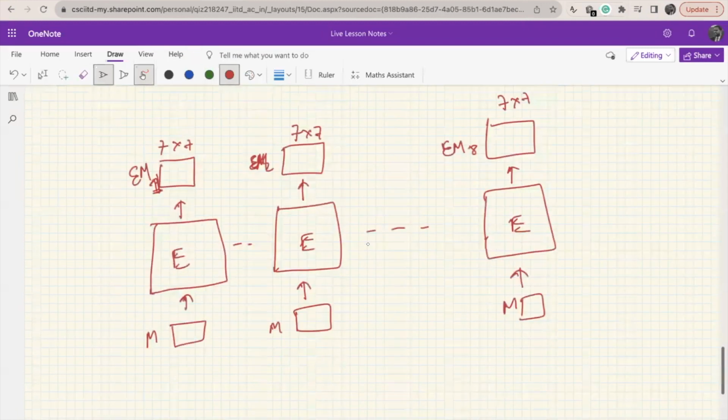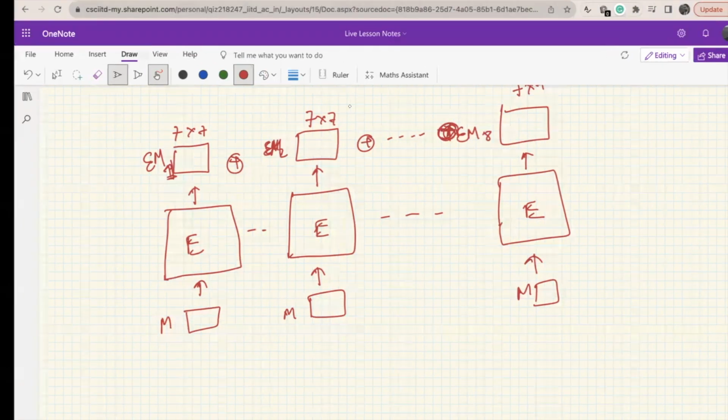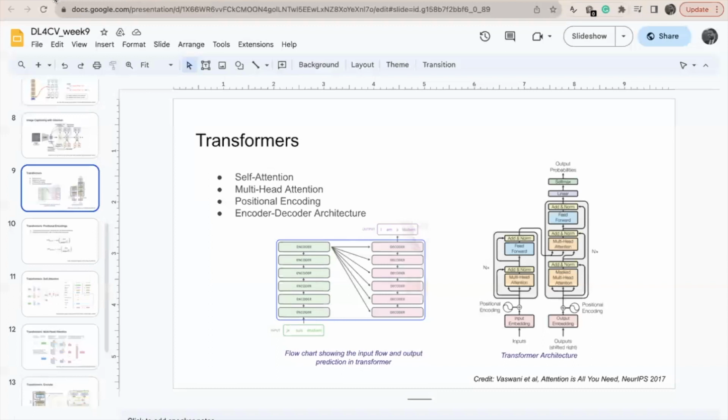So what you will do, you concatenate everything. And so there is add and norm, and you get a norm as well.